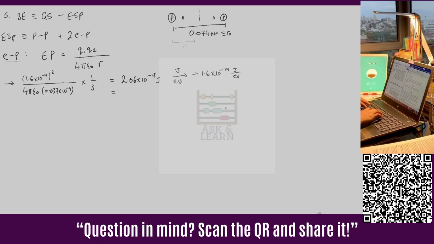So this is the same as 12.88 electron volts. Now is a good time to mention that because the electron-proton interaction is attractive, this potential is negative. So the final answer is negative.